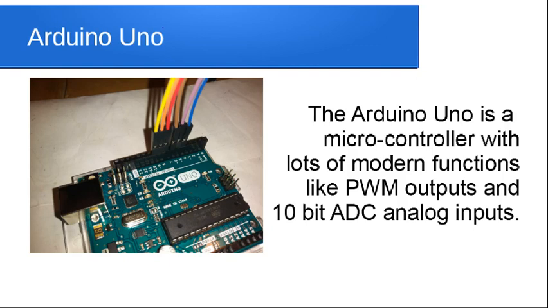You've got 10-bit ADC analog inputs, so if you want to read in an analog value, you basically have pretty good accuracy. Now, there's other data acquisition systems out there, and they can do a better job, but they'll also cost a lot more. The Uno will cost you less than $10. For less than $10, that's pretty impressive.